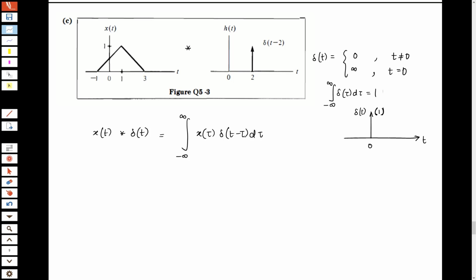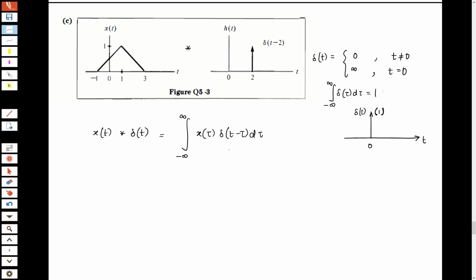Now we know that everywhere where t is not equal to tau, this function is equal to 0. That means obviously the product of these two functions is also going to be 0. Means the only point where the product of these two functions is not going to be 0 is at t equal to tau.